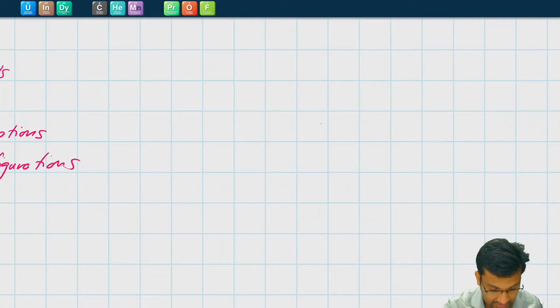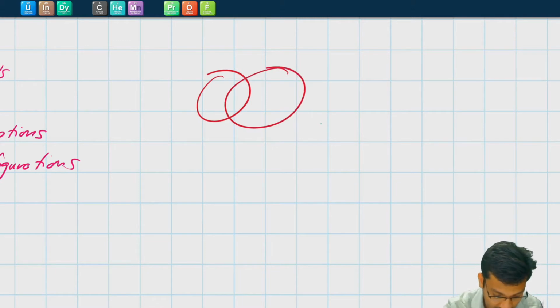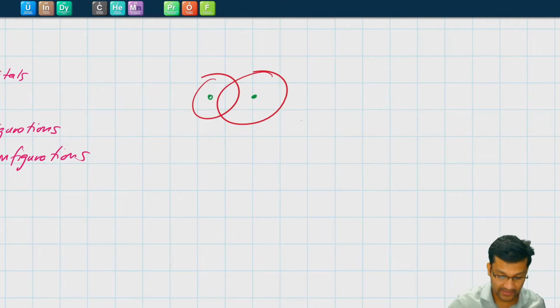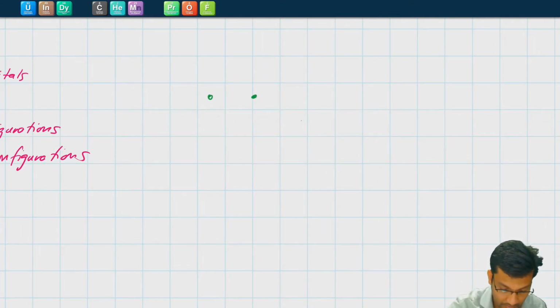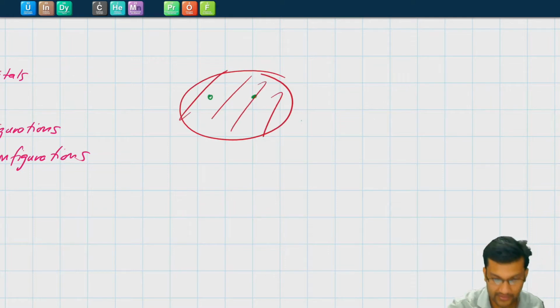So let's start with the case of s orbitals. Let's say we have one s orbital here and another s orbital here for two different atoms. These waves have the same sign, so when they come together, they add up and form one bigger s orbital. Because they come from s orbitals, we're going to call this a sigma orbital.